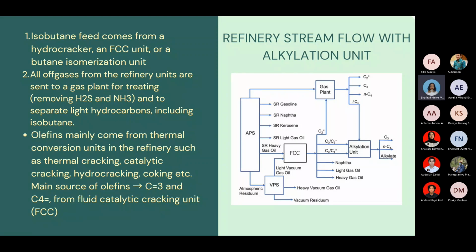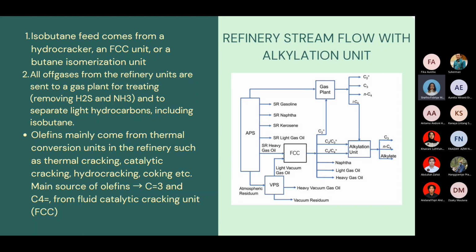Now, the refinery streams work like this: first, the isobutane feed comes from the hydrocracker, an FCC unit, or a butane isomerization unit, and then all off gases of the refinery units are sent to a gas plant for treating to remove the H2S and the NH3 and to separate light hydrocarbons, including isobutane.